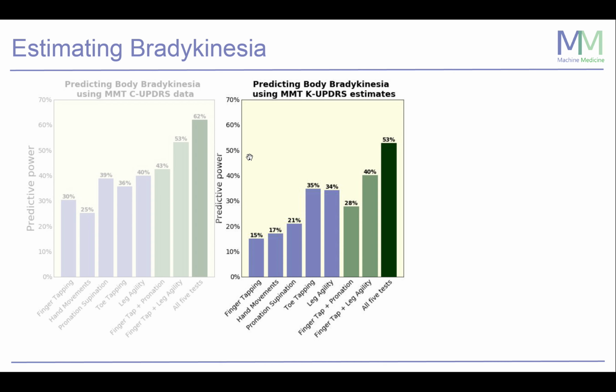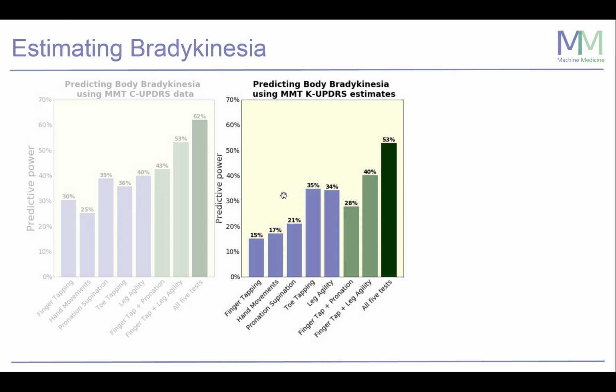Now, the thing to remember is that this is not really a fair comparison, because in this instance we are using the clinician scores for the specific items in order to try and infer the clinician score for the overall level of bradykinesia for item 3.14.